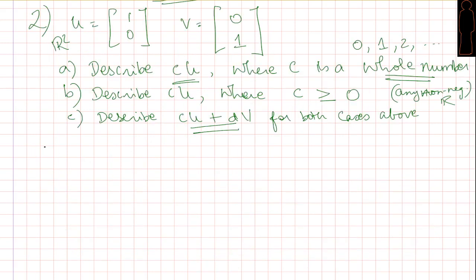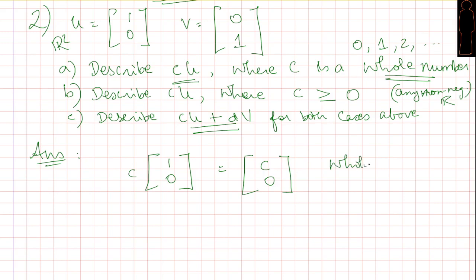So let's think of the answer. We have u is (1, 0), and Cu, so let's multiply with this constant, this is going to be (C, 0). So what would be (C, 0) where C is a whole number? So let's pick up some examples and see what happens.